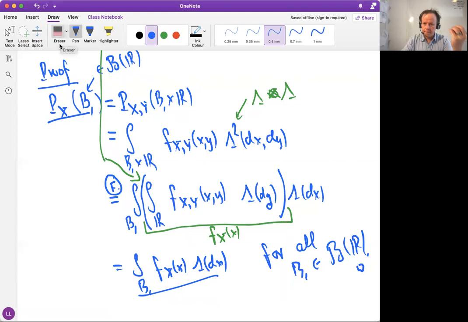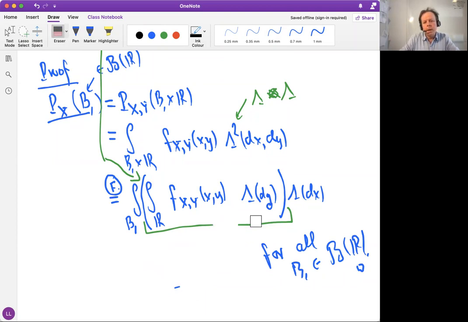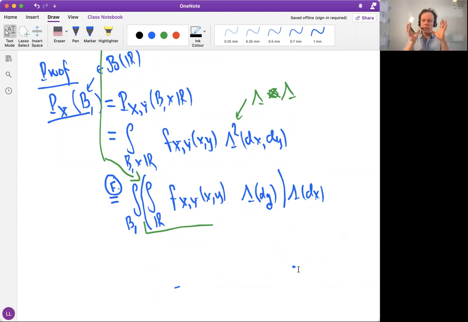Fubini's theorem is a wonderful tool to make these conclusions. And in a way, if you do probability theory, you might use Fubini every day in your research. It becomes automatic, so you might not even think about the fact that you are using Fubini. You just do it. But to be able to do it, you need to know that your integrand should be either non-negative.